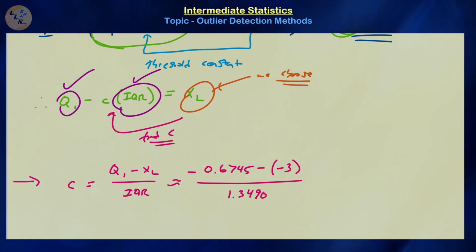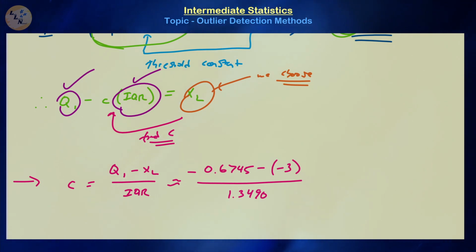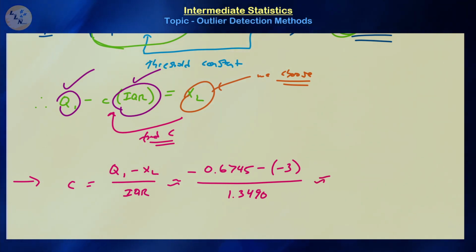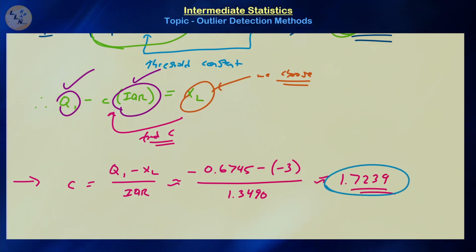Keep in mind the interquartile range is always positive, so that should be a good thing. And XL should be less than Q1. So that's approximately equal to 1.7239. This is what we refer to as our threshold constant.